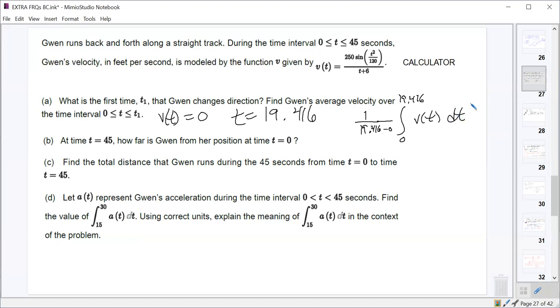And so I'll adjust my thing on Desmos here on my phone, and let's see what we get. Looks like 7.264. Everybody good with the setup for that?